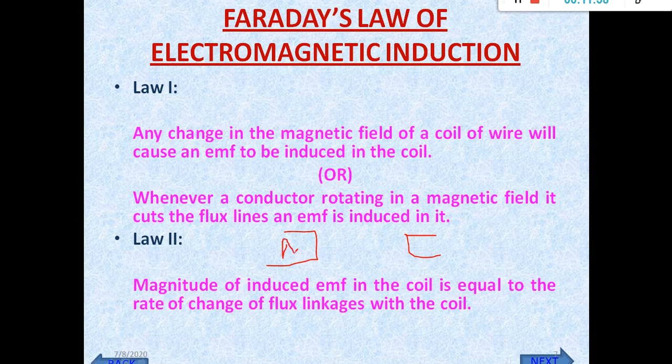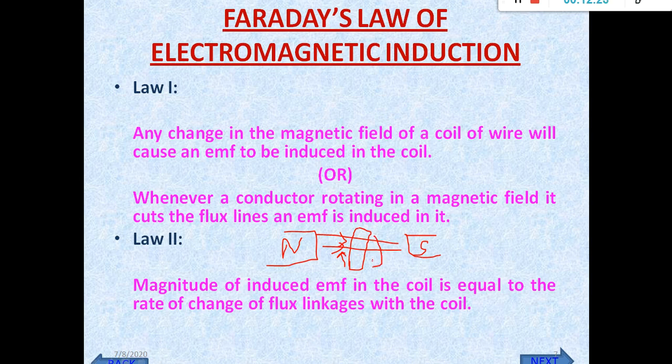one is north pole and the other one is south pole, the flux travels from north pole to south pole like this. Between this, I am placing a conductor or copper coil, and I start rotating it in clockwise direction.